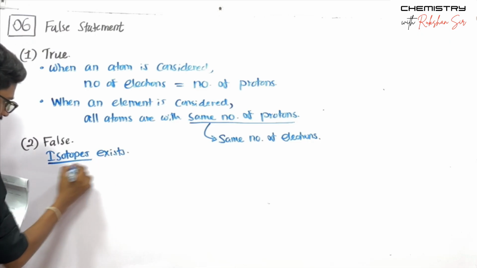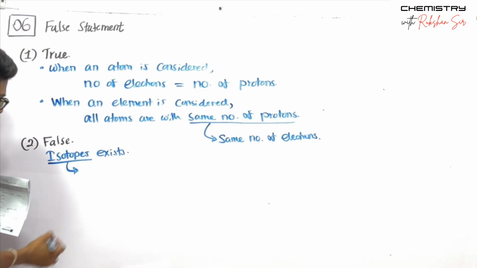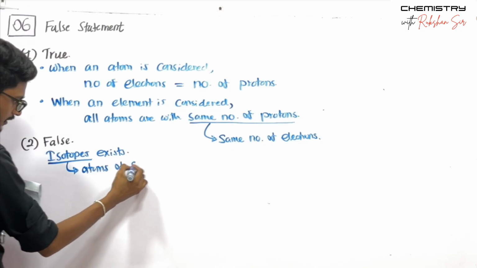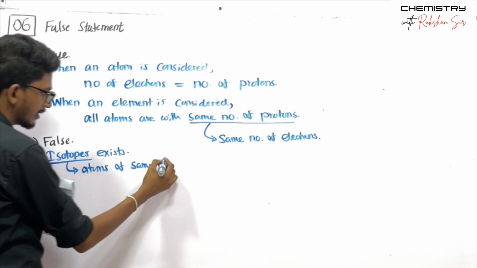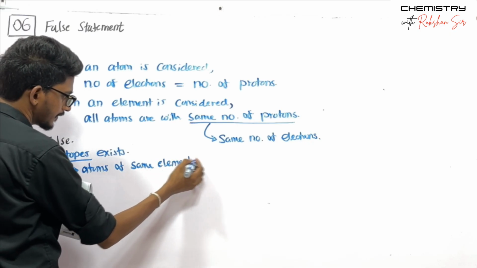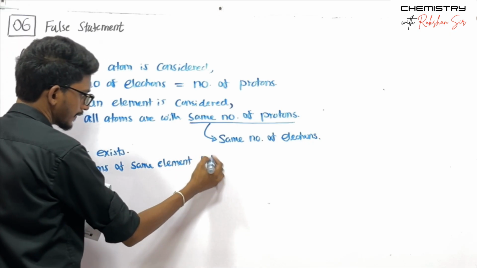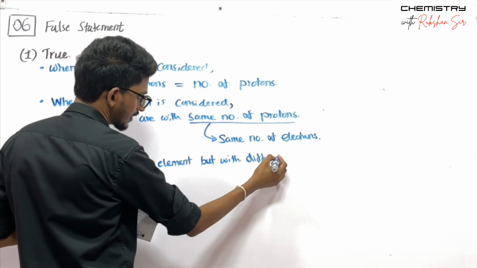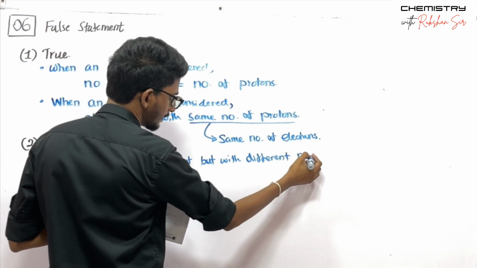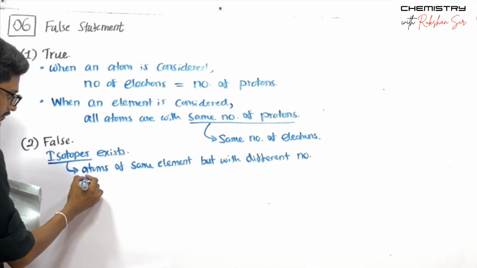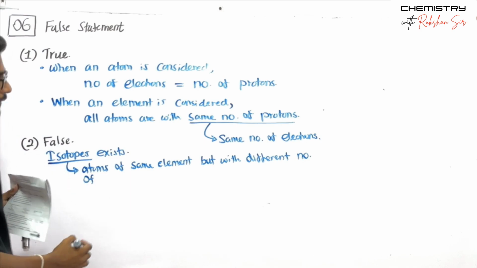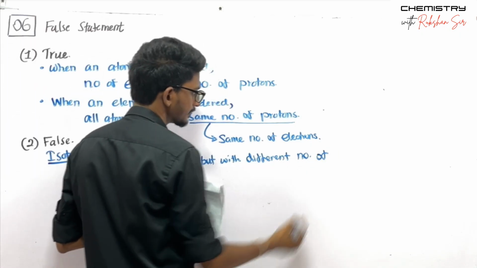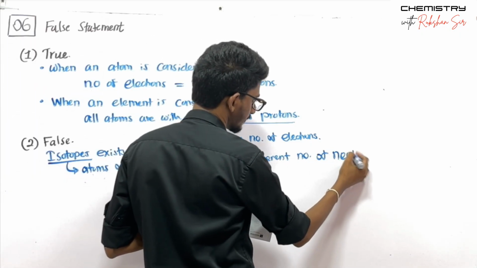Isotopes are atoms of the same element but with a different number of neutrons.